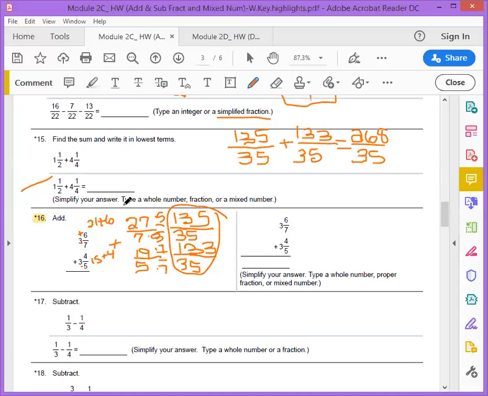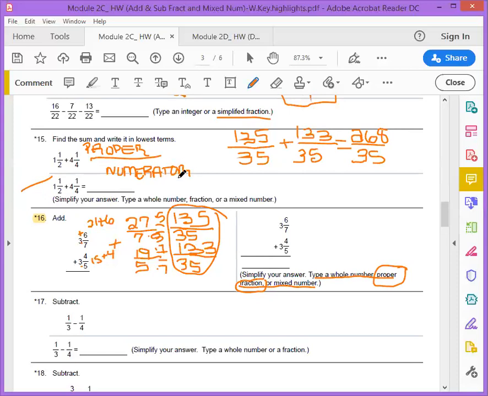Now we're asked to write our answer as a whole number, proper fraction, or mixed number. So this one is important because a proper fraction means that our numerator should be smaller than our denominator. So we want to make sure we have that information in our notes.